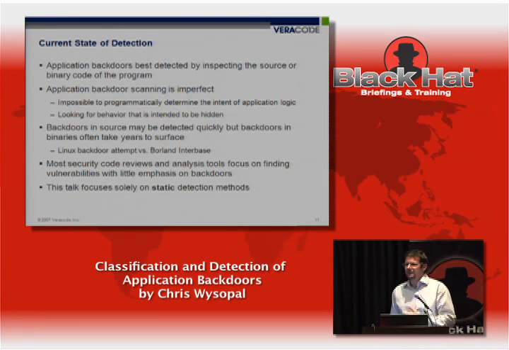On the contrary, with open source software, backdoors seem to be detected pretty quickly. So the many eyes theory of open source being more secure definitely seems to be working, at least for backdoor vulnerabilities, where the vulnerabilities usually last in the order of a few days or a few weeks before they're discovered.